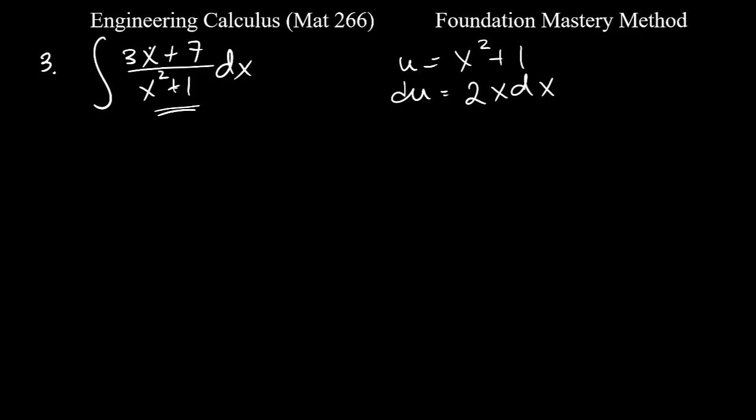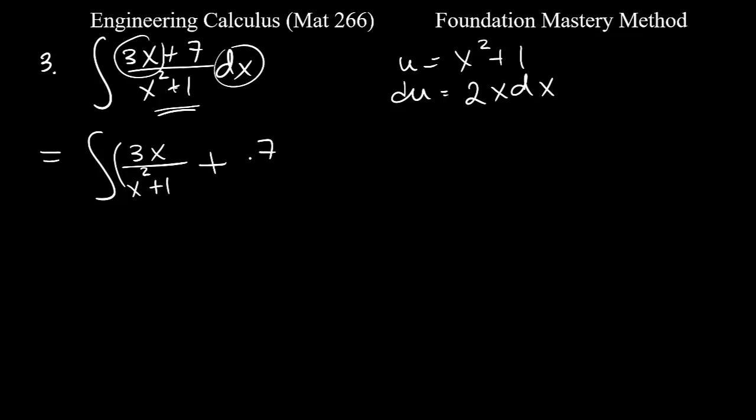We can take care of the 3x dx, but we're going to have a problem expressing 7 in terms of u. So what we're going to do then, before we start, is to rewrite this as the integral of 3x over x squared plus 1 plus 7 over x squared plus 1 dx.